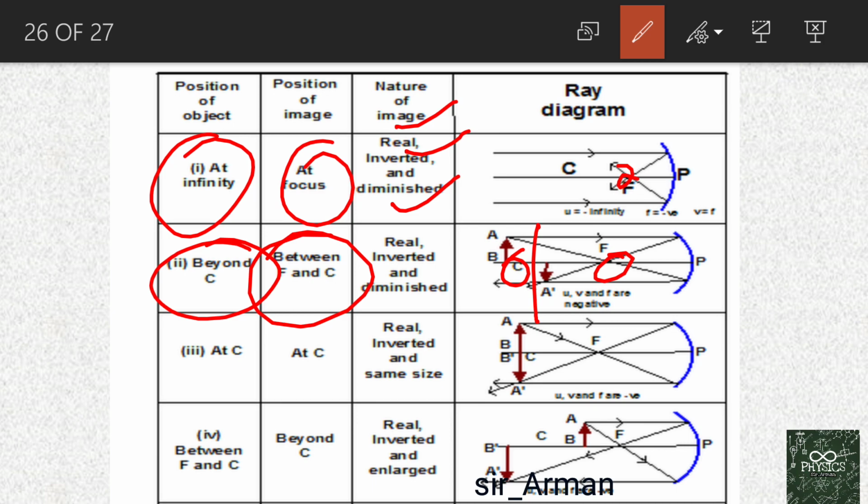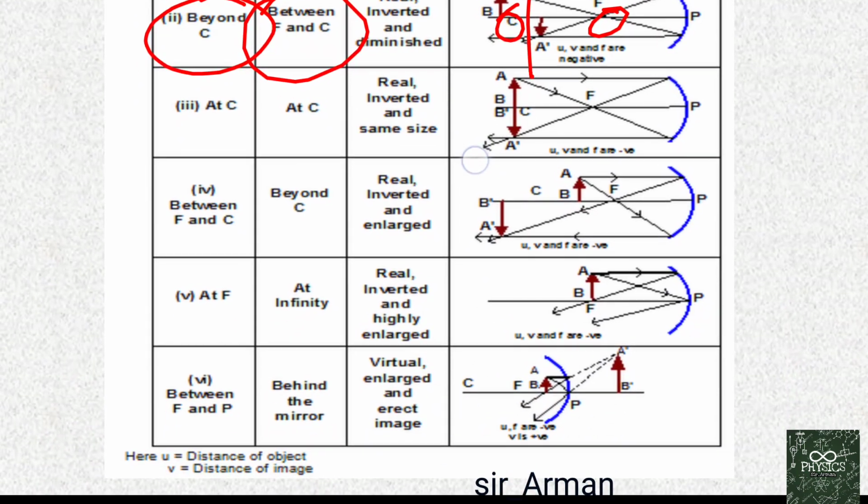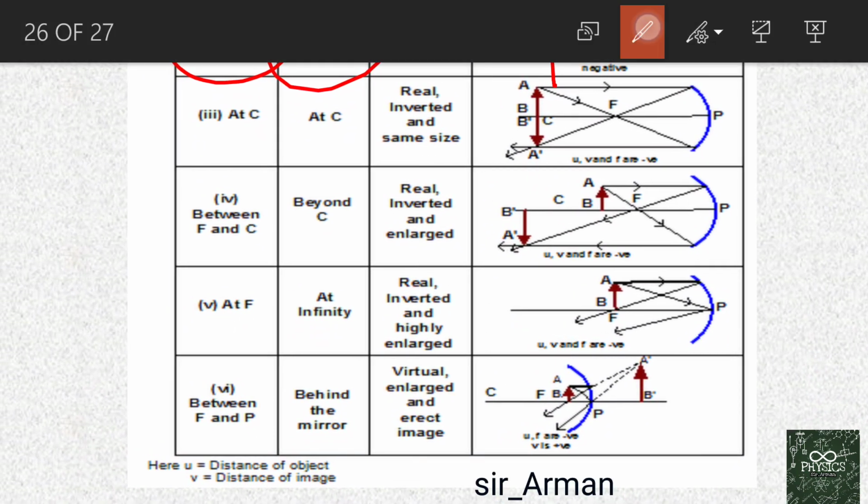So our image is real and inverted and also diminished because it is smaller compared to the object. In case number 3, we place our object at the center of curvature and we also obtain the image at the center of curvature. So the size is the same and the nature is real and inverted.